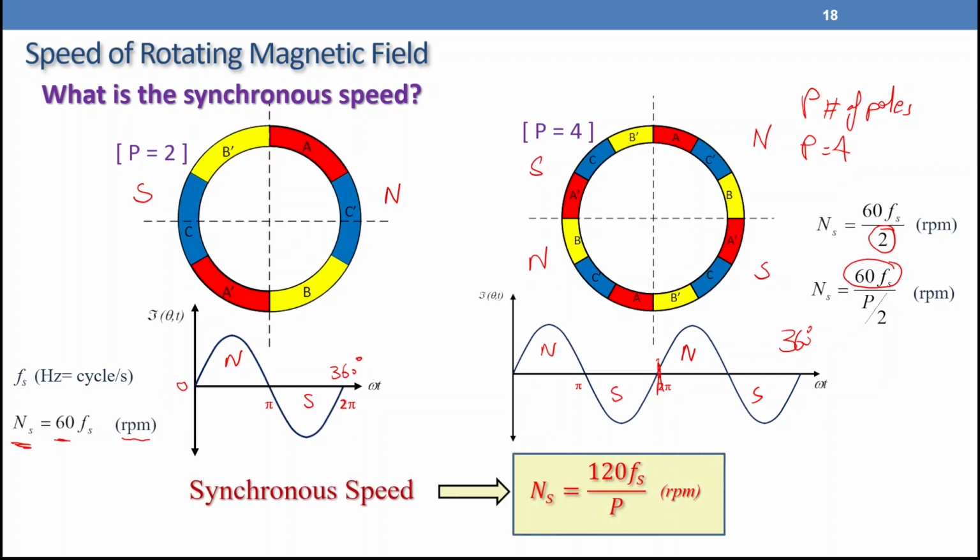The synchronous speed will be NS, in units of revolutions per minute, equal to 120 Fs over P, where Fs is the supply frequency and P is the number of poles. We wrote that before. So 120 Fs over P is a very important equation, and that is the speed of the rotating field.